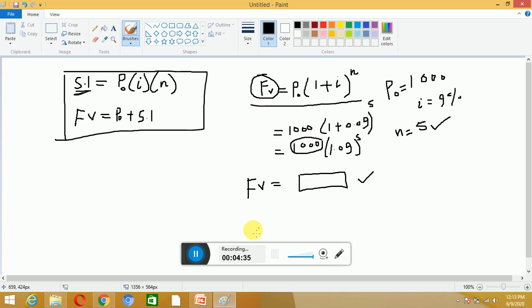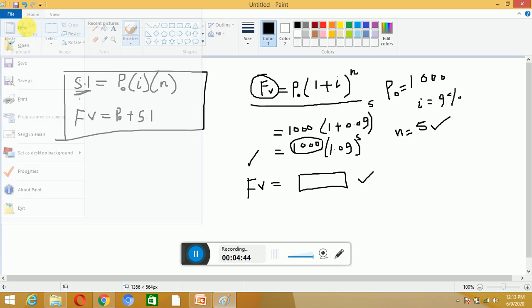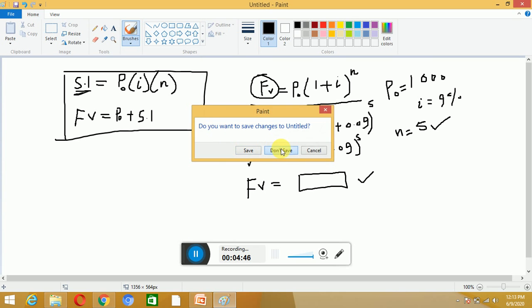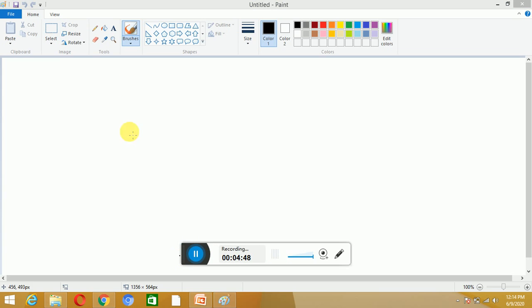Now that was future value. Now what is present value? We use the same formula that we used to calculate future value, and we will use it to calculate the present value.